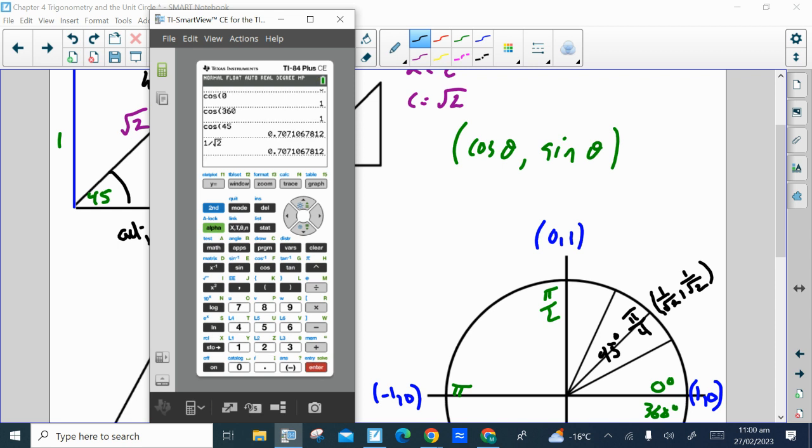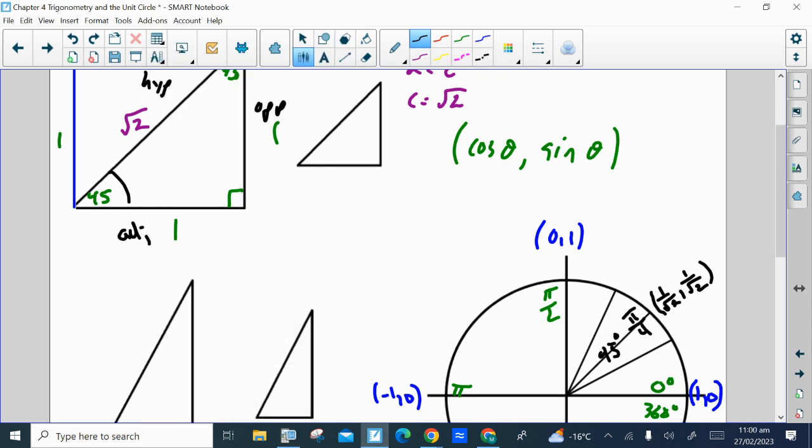But the special triangle, the unit circle, gives it to us as an exact value, whereas your calculator gives it to you as a decimal that you have to round. But now we know where that comes from. It comes from the unit circle, a value of 1 over root 2.